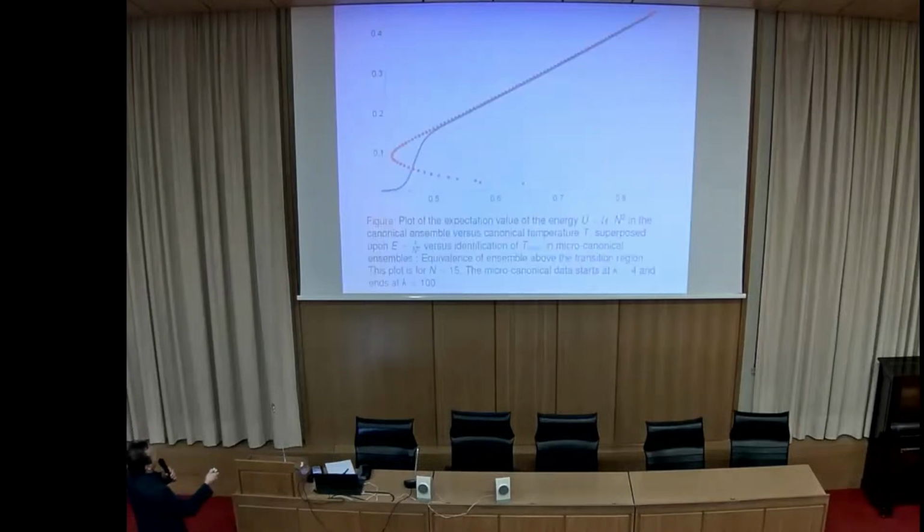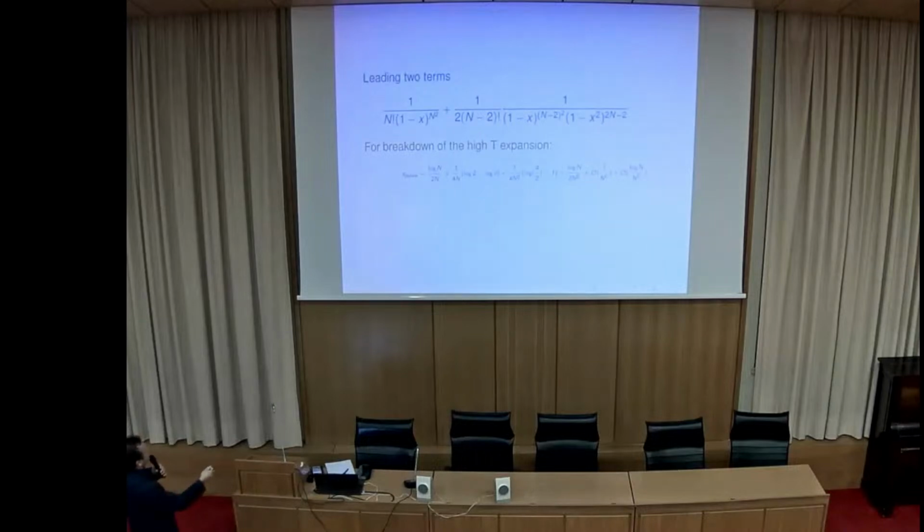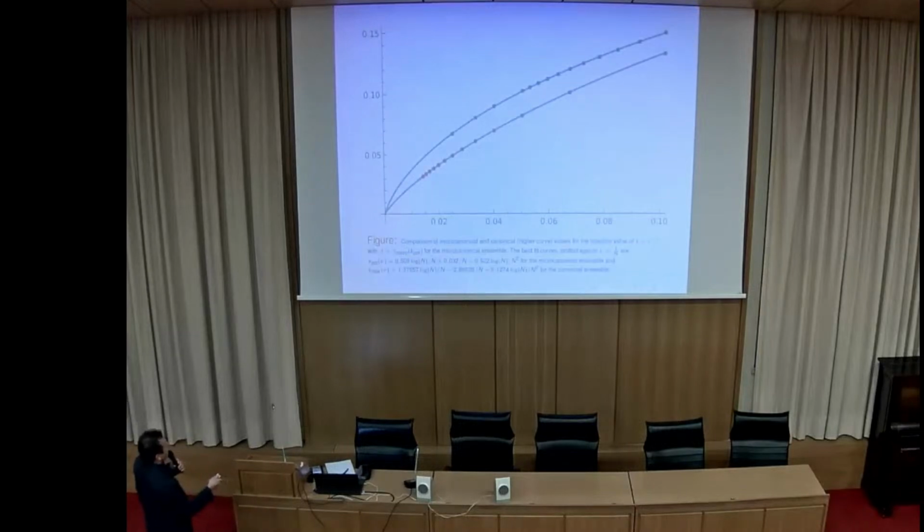Where does it start breaking down? It's an estimate for where this is happening. So that's at log n over 2n. And indeed, as n goes to infinity, that goes to 0, which is zero temperature. So we do have an analytic formula for that. It would be nice to get an analytic formula for the energy itself. Hopefully that should be doable.